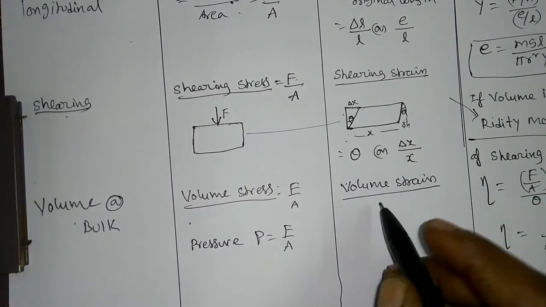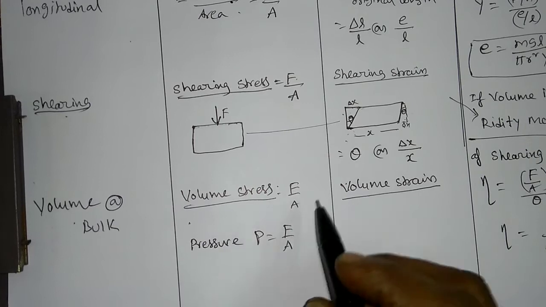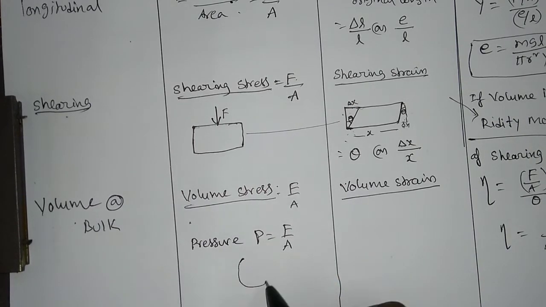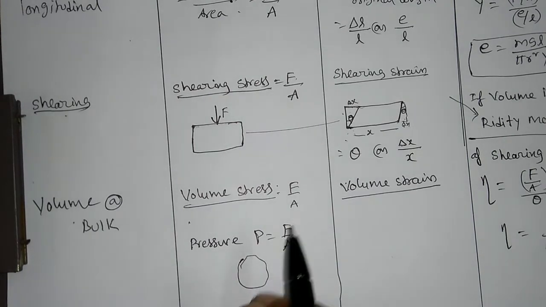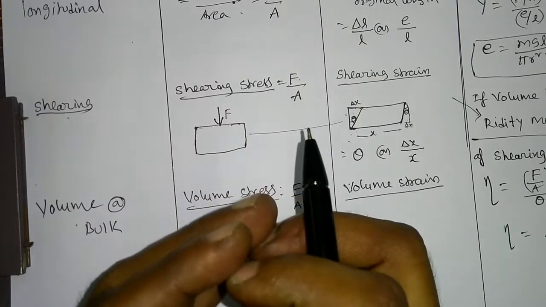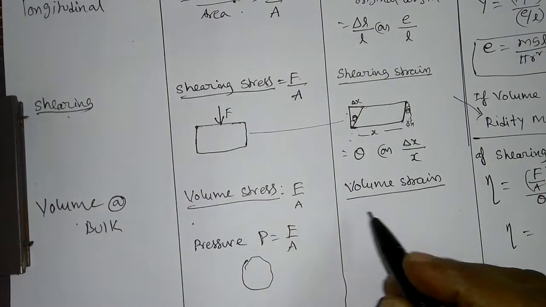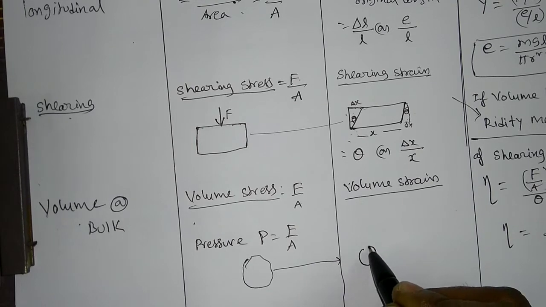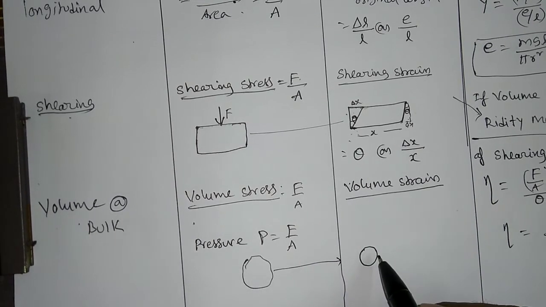So the same thing happens here. If you take an object and this particular force is applied throughout the body, automatically the volume will generally decrease. Decreasing we can represent with the negative symbol.